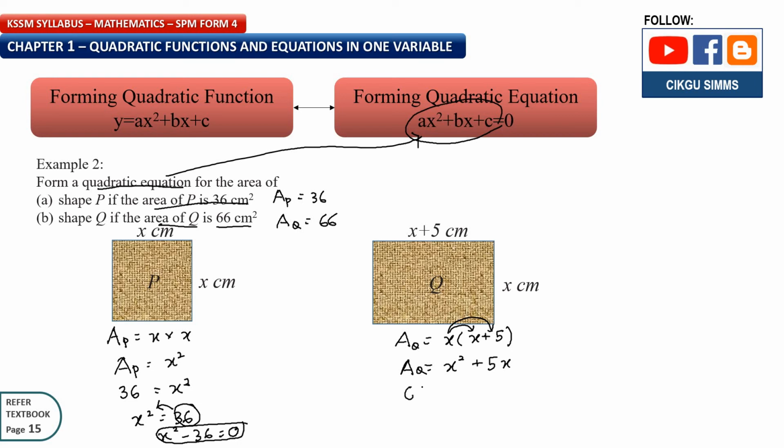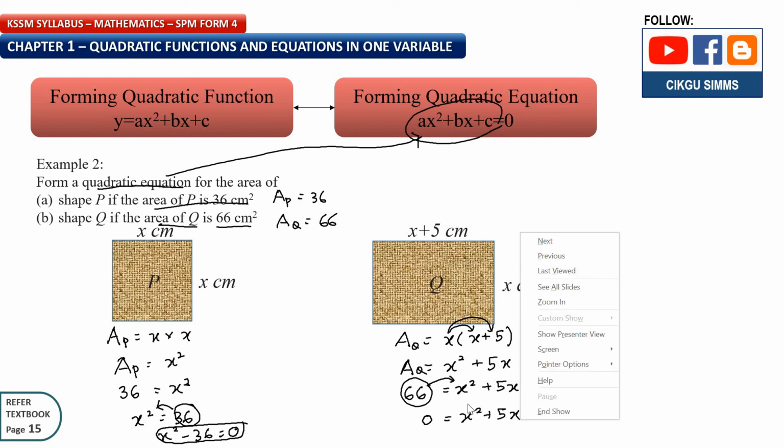AQ is 66, equal to x squared plus 5x. We need to let this side equal to 0, so we move 66 to this side. Positive 66 moved here becomes negative 66. So this is the quadratic equation.